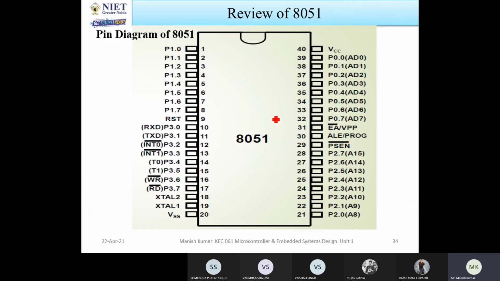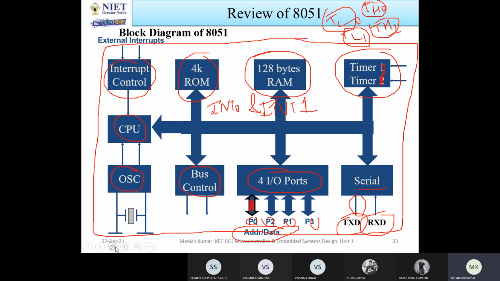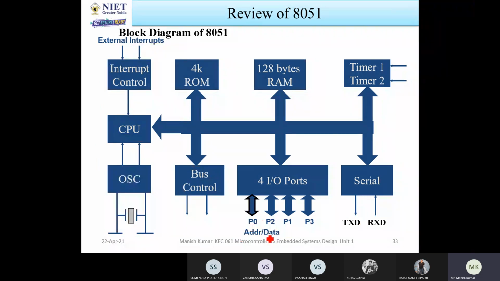Now you can see with respect to this pin diagram. I already told you the series is P0, P2, P1, P3. You can check it here. P0 and P2 are on one side of the IC, and P1 and P3 are on the other side.